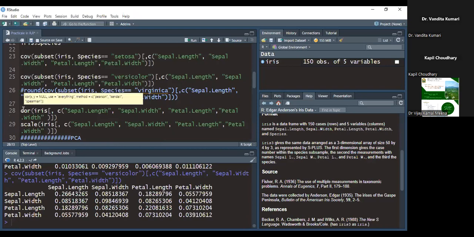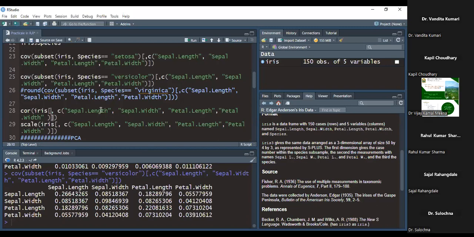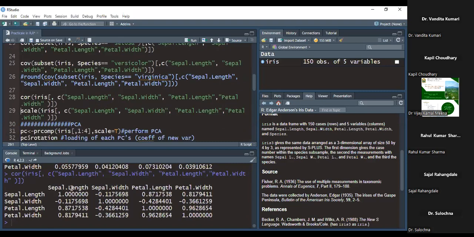Okay. So this was all about variance covariance. Now, similarly, if you'd like to know the correlation, for finding correlation we have the data set as iris, and we are having all the rows and the columns sepal length, sepal width, petal length, and petal width. So this will give us the correlation matrix.